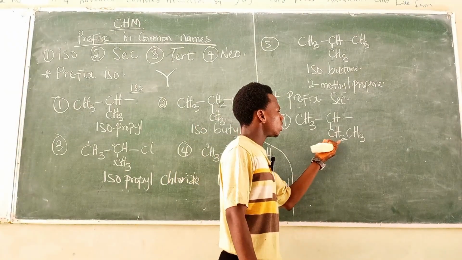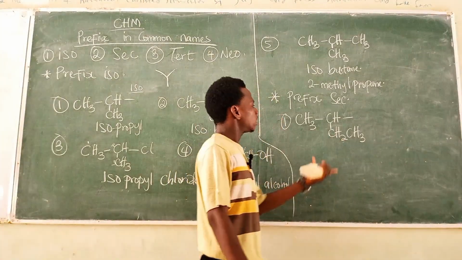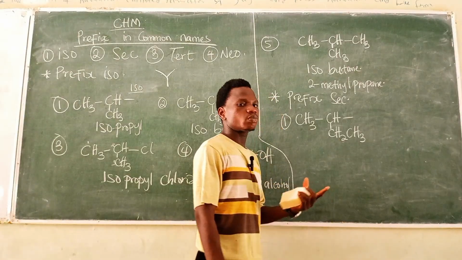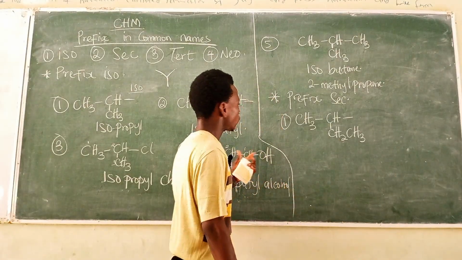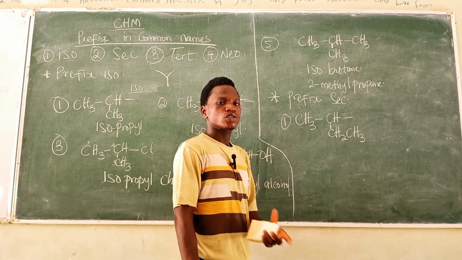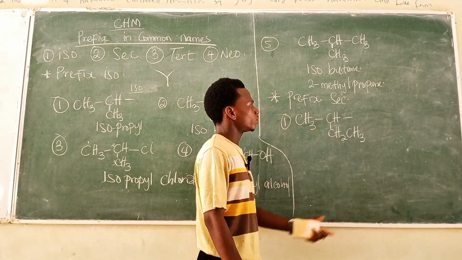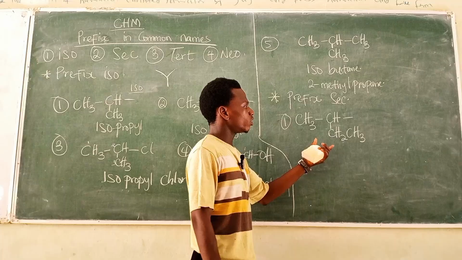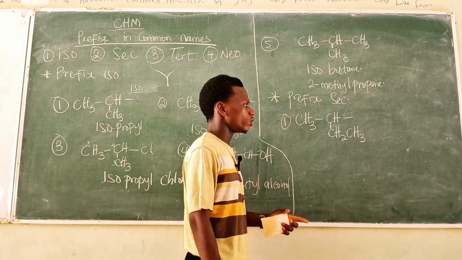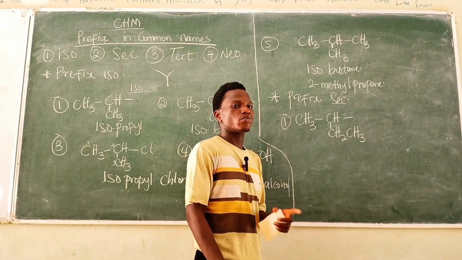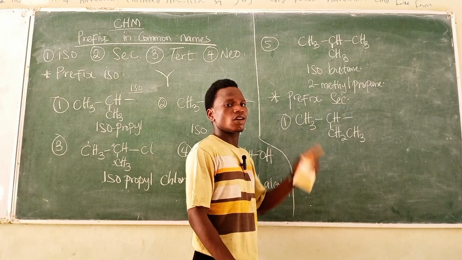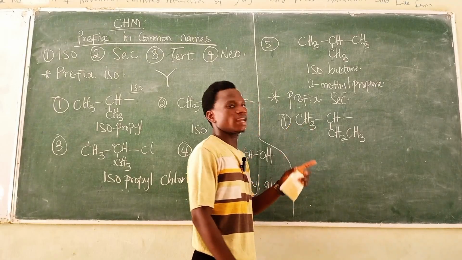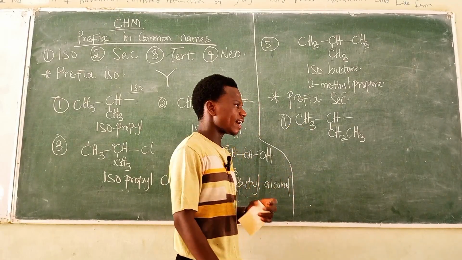But the other alkyl group bonding to it is not a methyl. So when the carbon atom that is bonding to the parent chain has an alkyl group on it that is not a methyl, that is when you have the prefix sec being used in that organic compound.